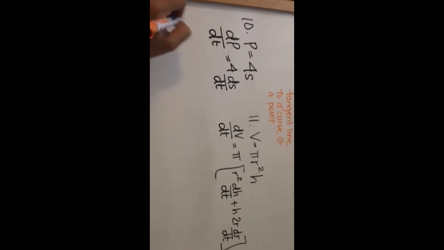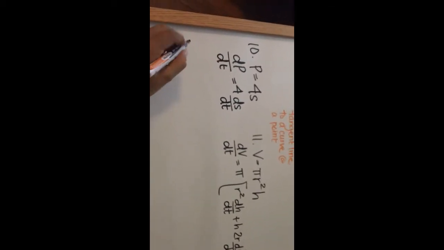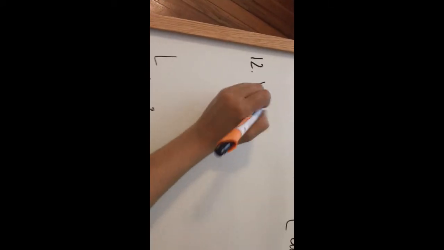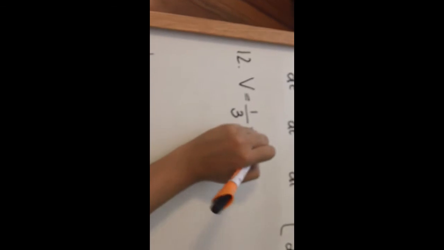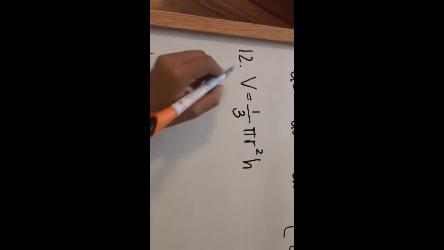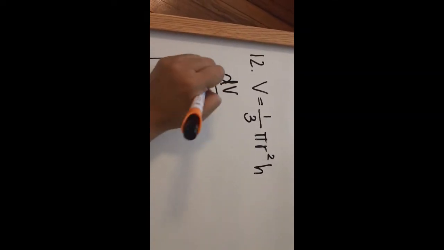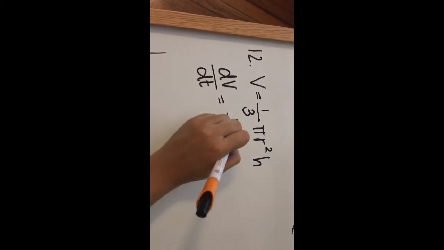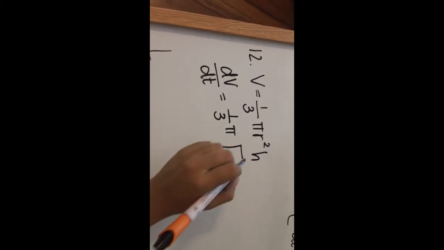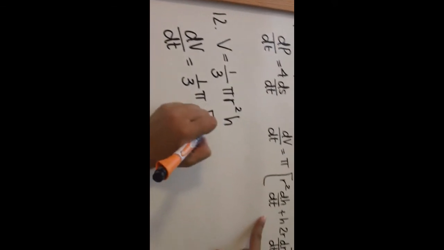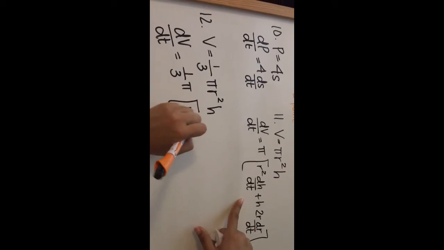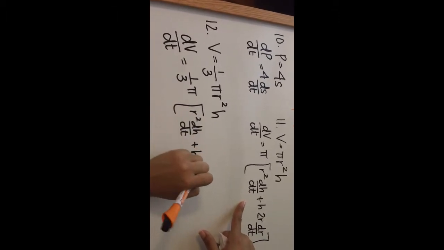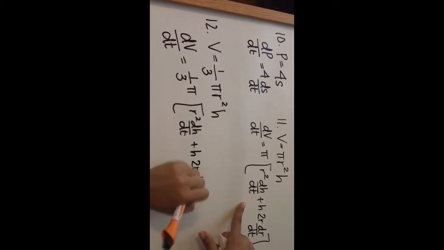Question 12, volume of a cone. dV over dt, take out the constants, and again you got a product rule, which is exactly the same as question 11. So first times derivative of the second plus the second times derivative of the first.